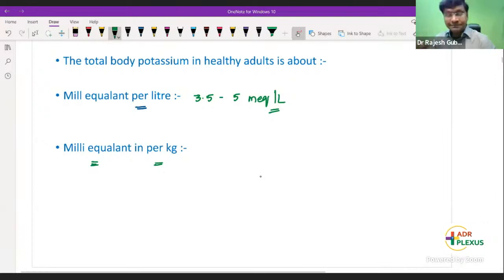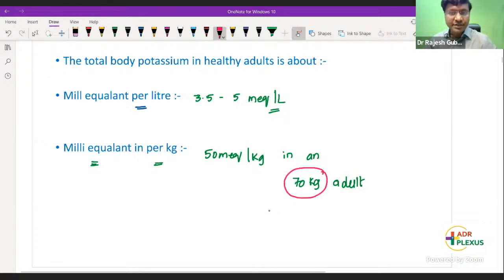The normal value is around 50 milliequivalents per kg in a 70 kg adult. That means in a 70 kg person, the total potassium will be around 3,500.